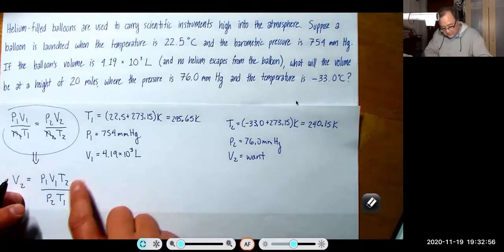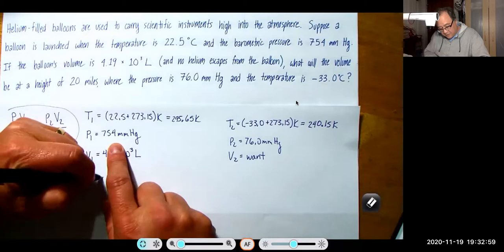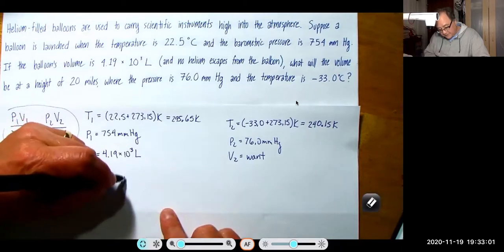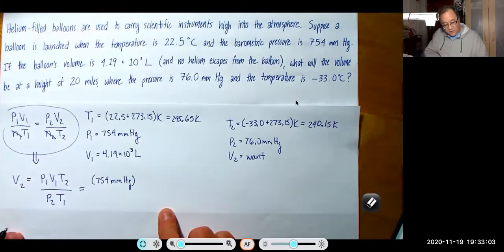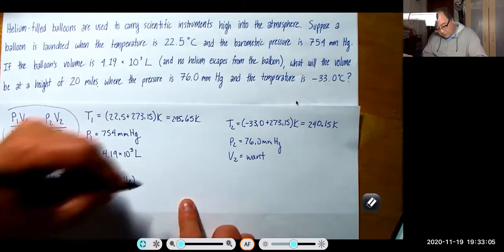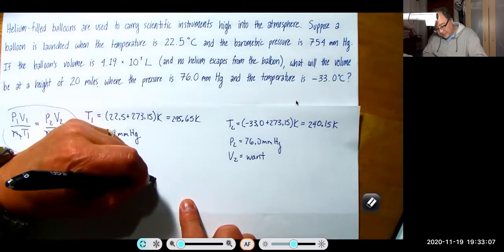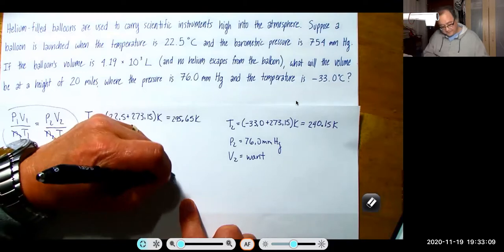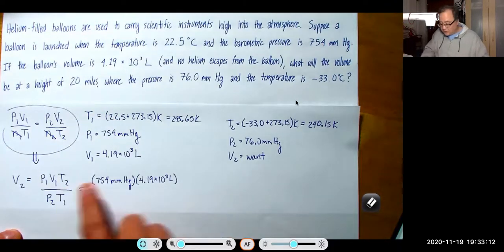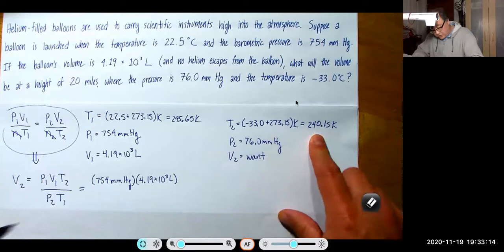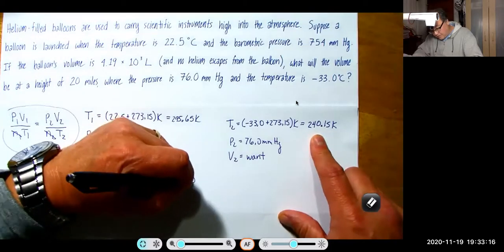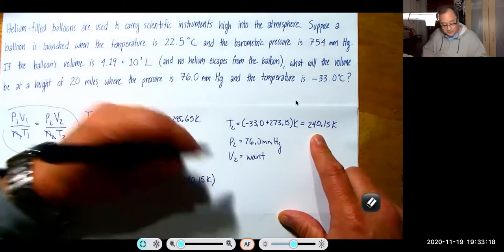P1, 754 millimeters of mercury. V1, 4.19 times 10 cubed liters. T2, that's over here, 240.15 K.